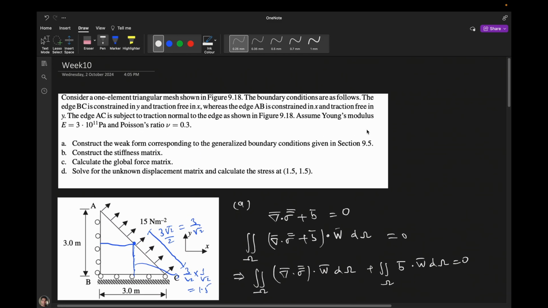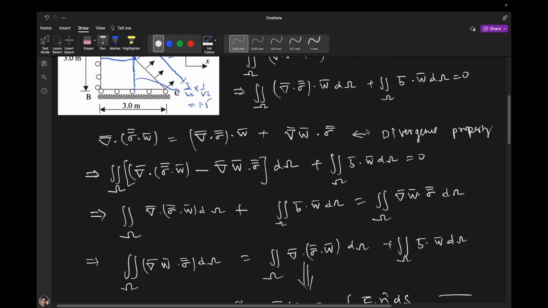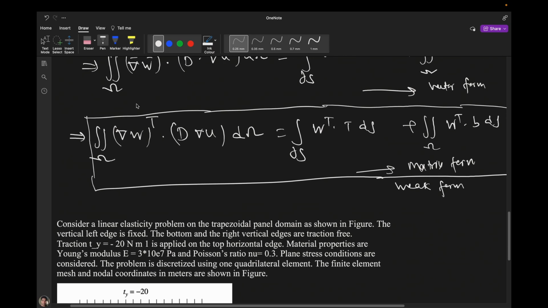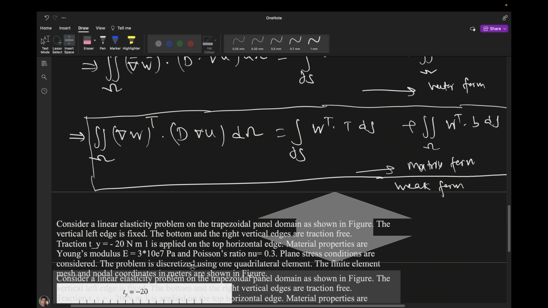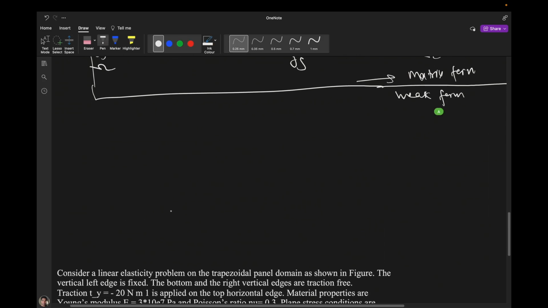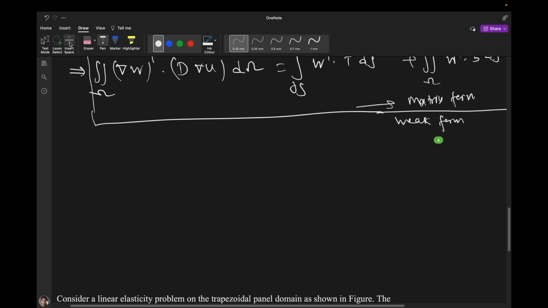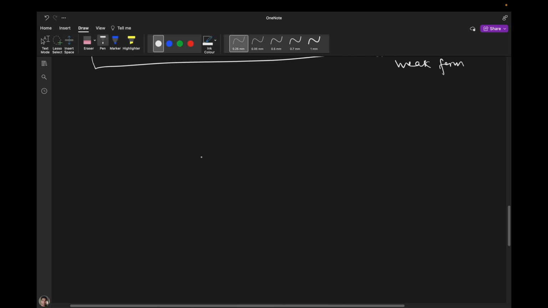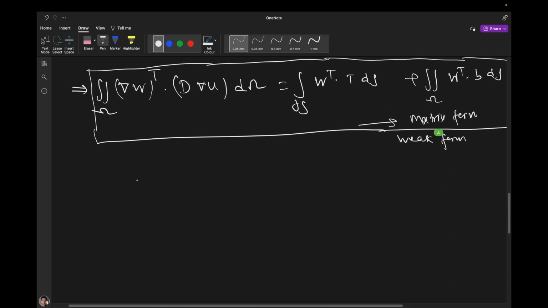Okay, now this was the first part. Now it is saying construct the stiffness matrix. So let's construct the stiffness matrix. But first we need to see what will be the size of the stiffness matrix. There are 3 nodes, which means that n equal to 3.